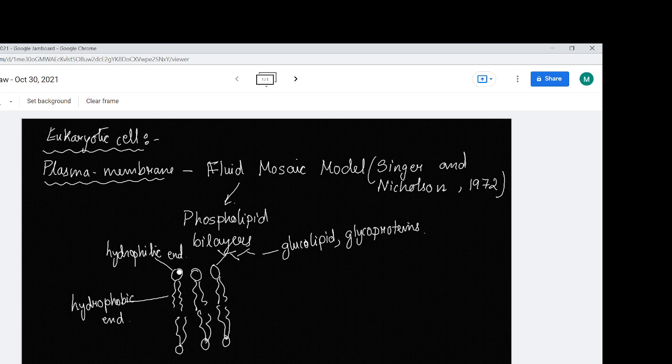This is one molecule of phospholipid, and like this, layers of phospholipid will be present in two different layers. Apart from this phospholipid bilayer, there are certain proteins. Some proteins are present only on the periphery of this membrane, and they are called peripheral proteins.